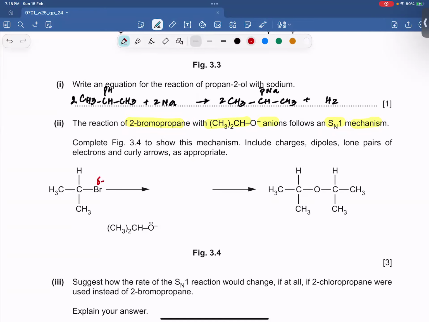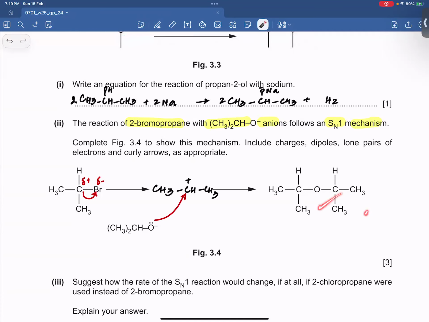So this is slight negative, this is slight positive. This bond will break from here, and as a result you will get carbocation, which is going to be secondary carbocation. Okay, now this secondary carbocation reacts with this nucleophile, and as a result you will get this product.